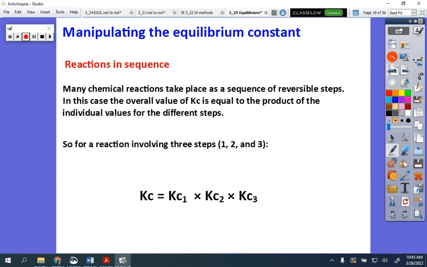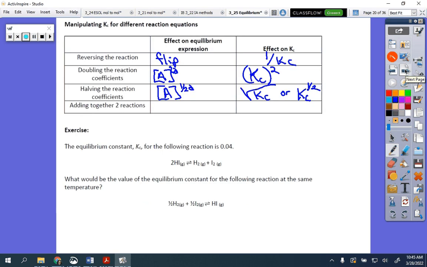Each step will have its own reactants and products, and will have its own Kc, and you'll multiply those together to get the overall.